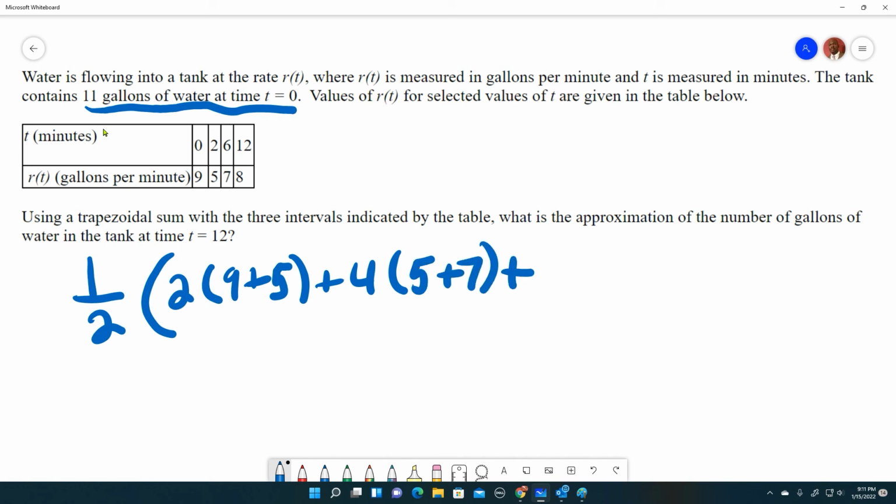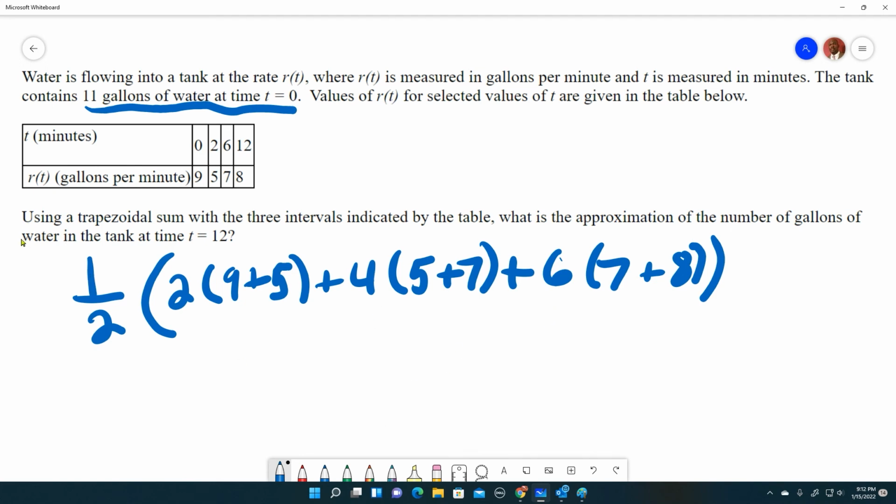And then our last height would be 6, so 6 times 7 plus 8. And again, we can see these numbers being used twice in the middle. 5 is there twice, 7 is there twice. But since these heights are different, we just have to write it out in this manner.